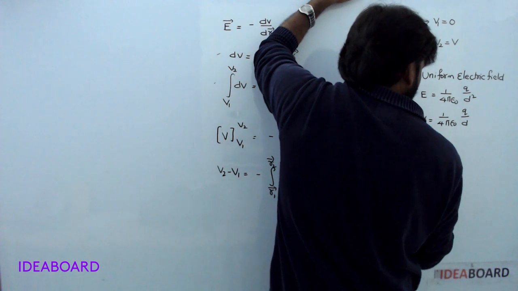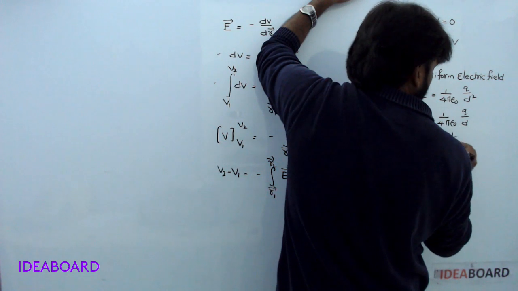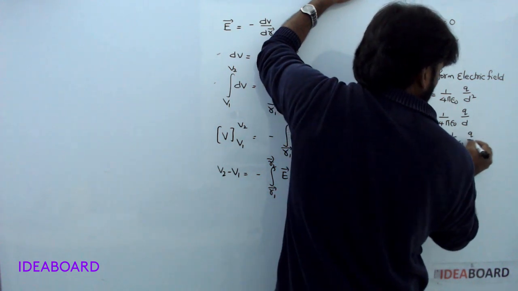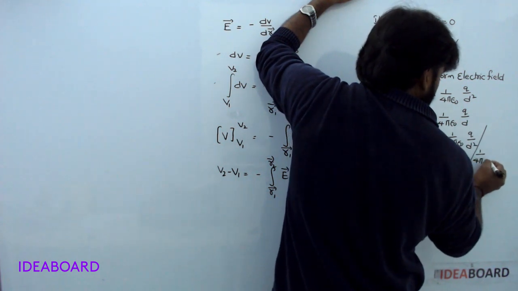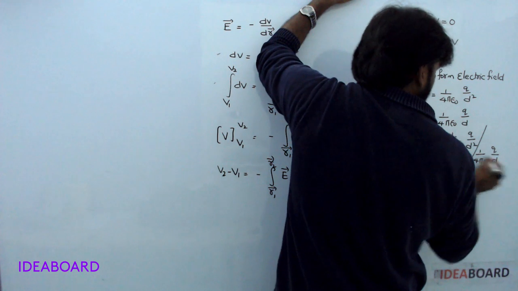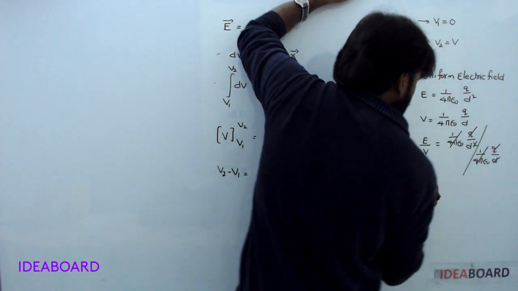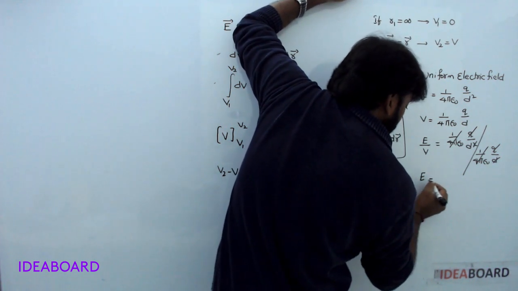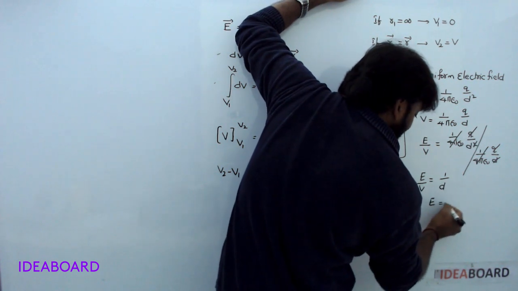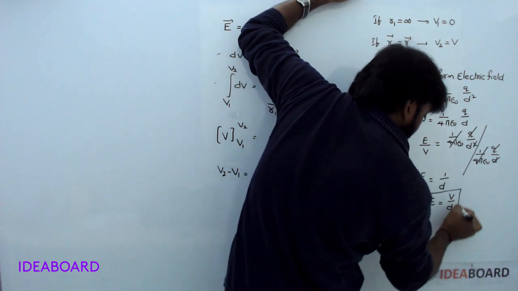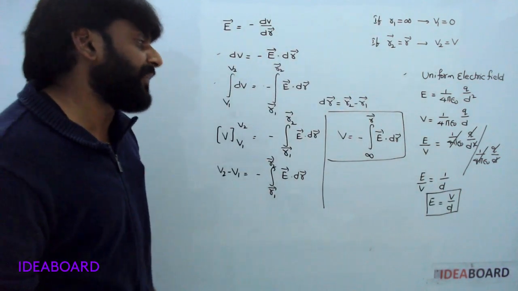Now E by V is 1 by 4 pi epsilon naught q by d square divided by 1 by 4 pi epsilon naught q by d. The constants and q cancel, and d square over d leaves 1 by d. So E is equal to V by d. Understood?